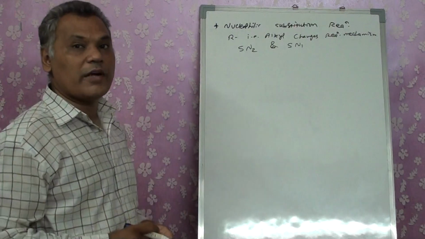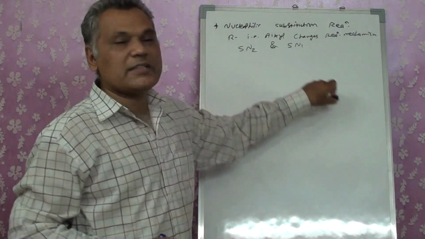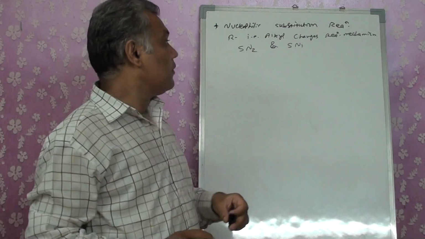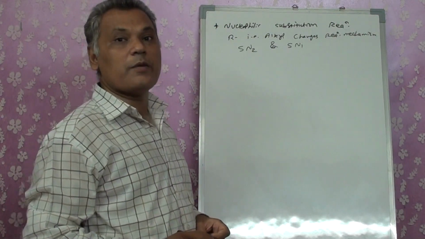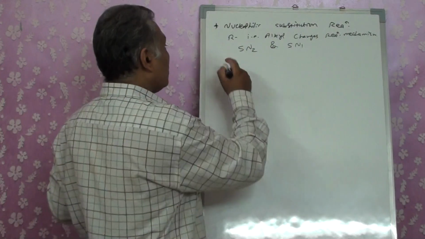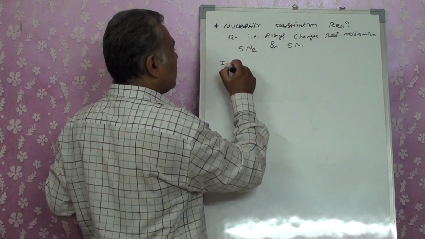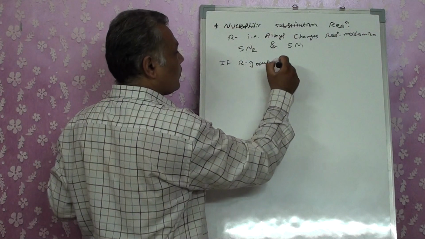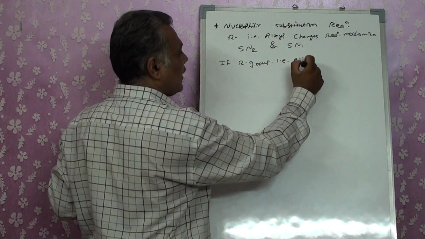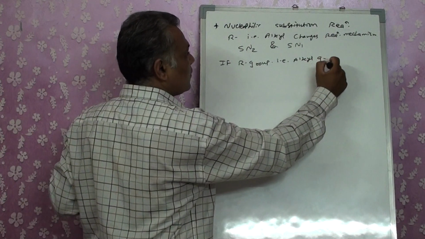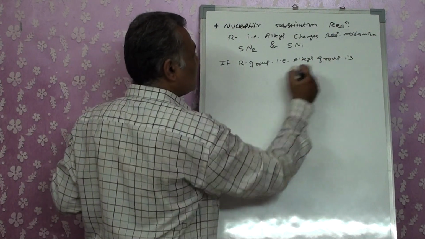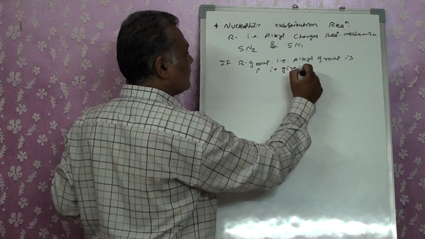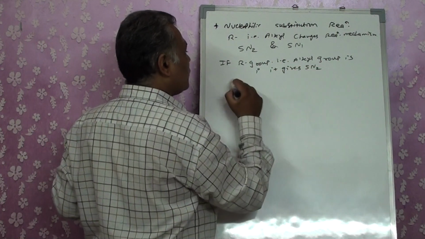Now what are the factors? Before understanding what SN2 and SN1 are, what type of effect is made by the R group? If the R group, that is the alkyl group, is primary, it gives SN2.